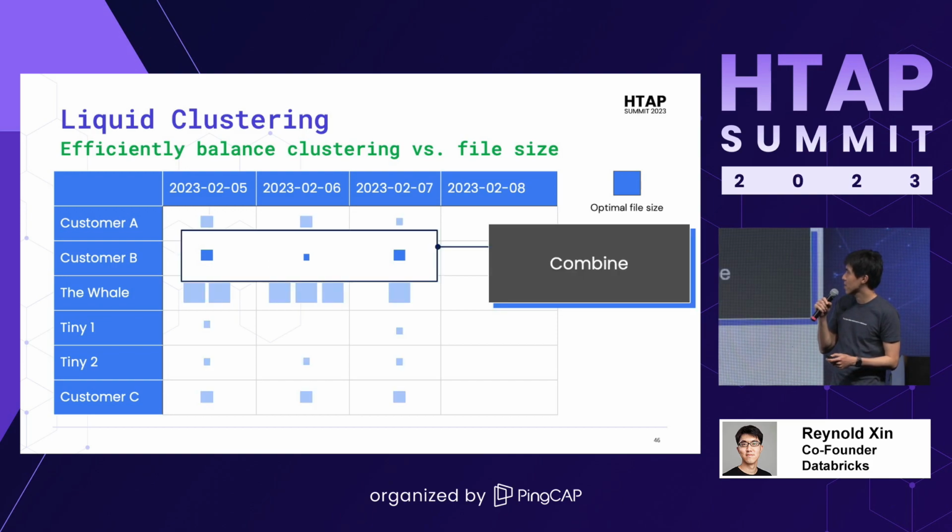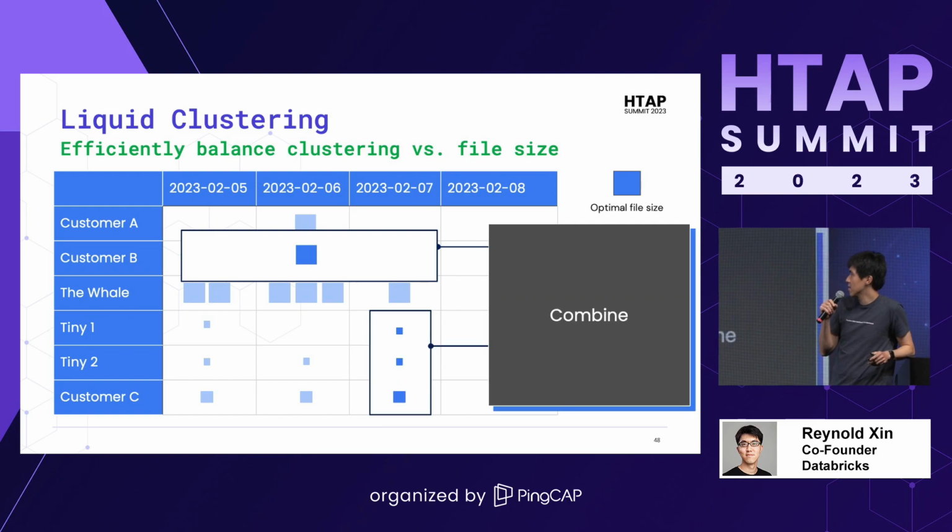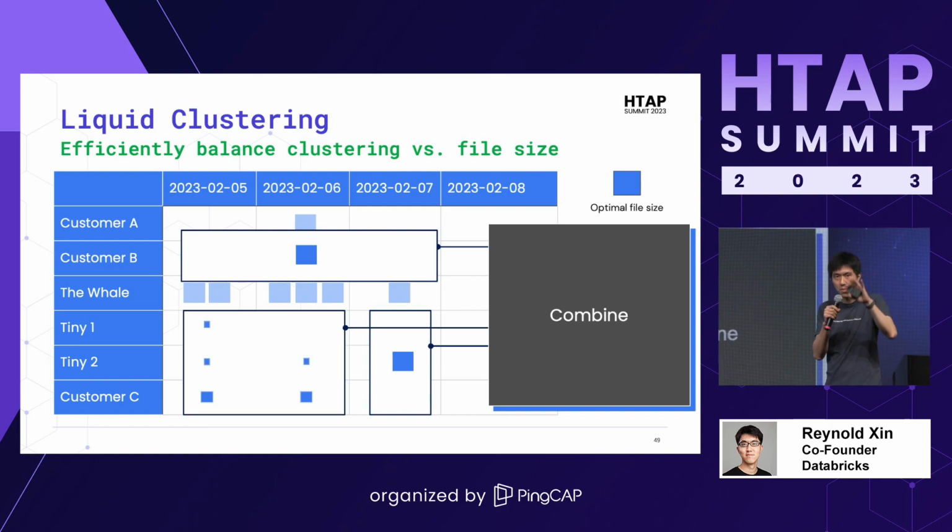So when Liquid sees there is a small amount of data, based on the query workload it has learned, it will automatically coalesce across these column partition boundaries. It doesn't have to go a specific way. It can go into different dimensions, like the date dimension, or you can combine two dimensions together to do the coalescing.